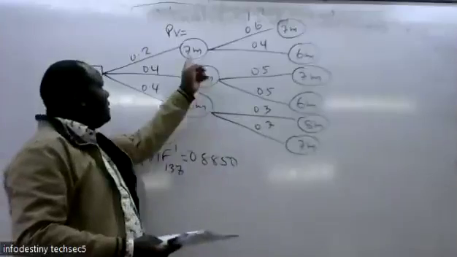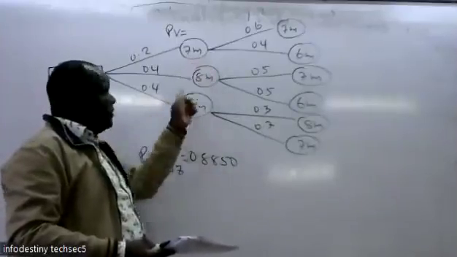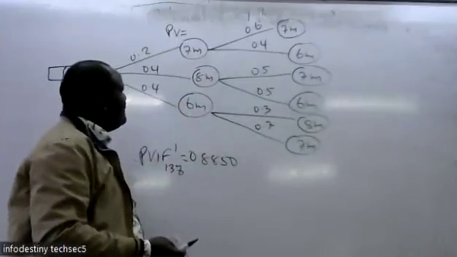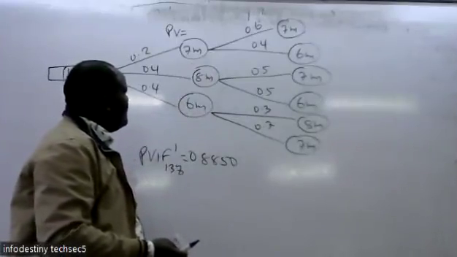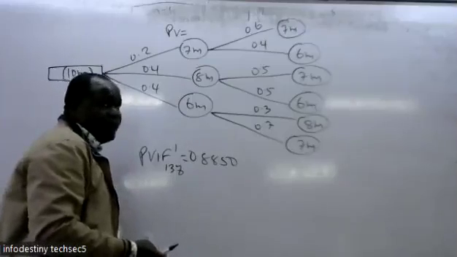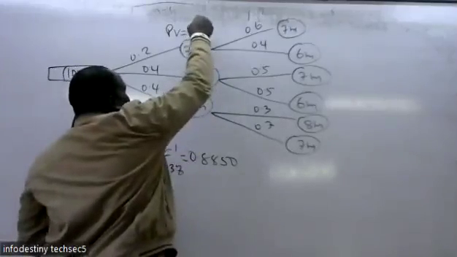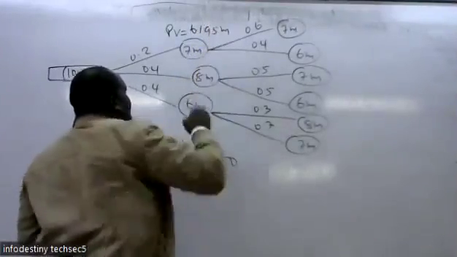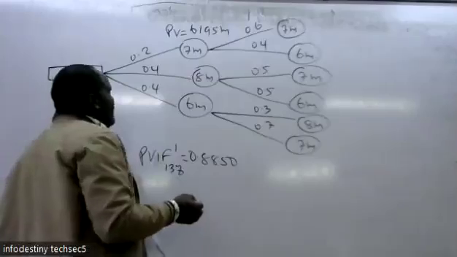Take 7 millions multiplied by 0.8850, that is 6.195. That is now for 7 million.